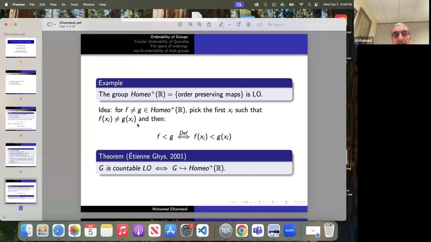Then one can check that this is a left order. Etienne Ghys, in 2001, proved that a countable group G is left orderable if and only if it embeds into Homeo-plus of the real line.